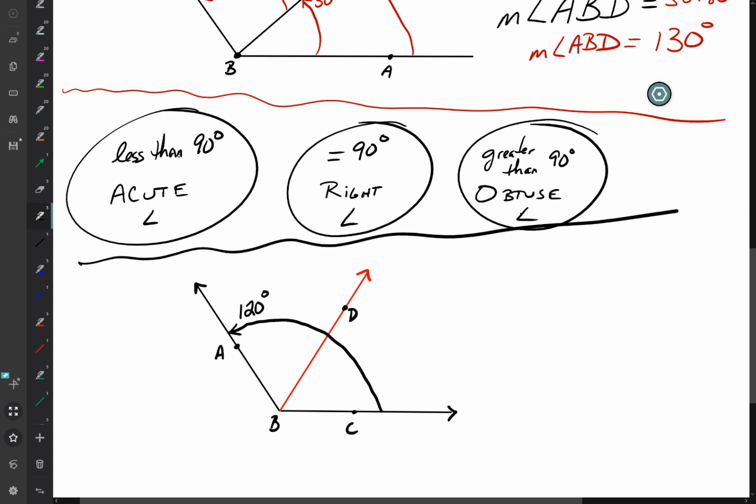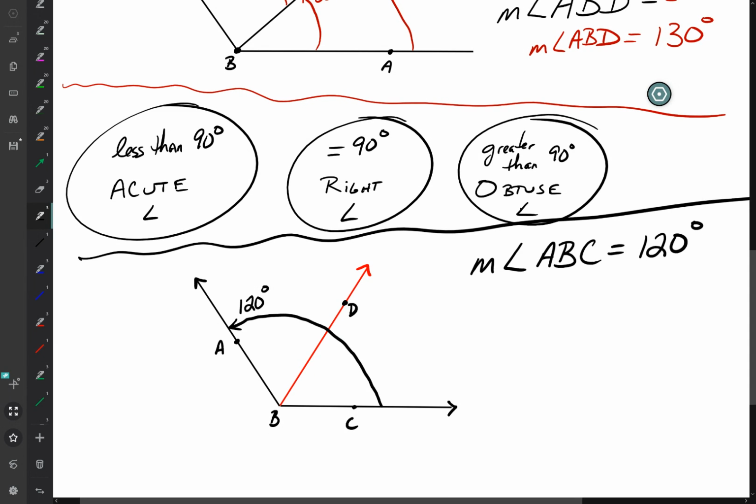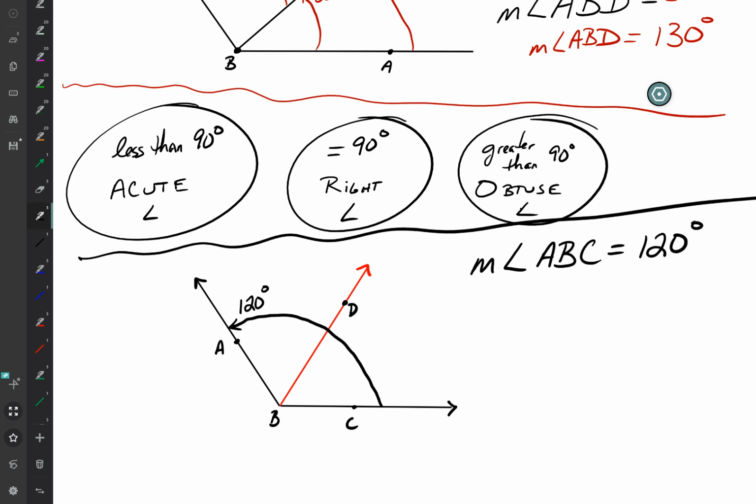So what I'm saying is the measure of angle what? ABC is equal to what? 120 degrees, correct? What does it look like I was trying to do with the red ray I drew there? Kind of looks like I'm trying to cut it in half, doesn't it?